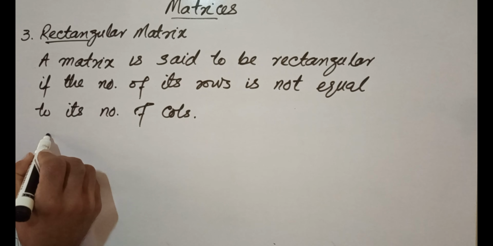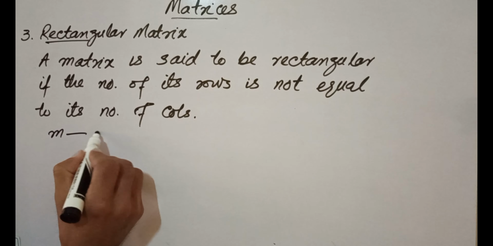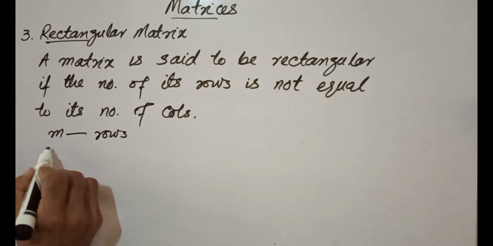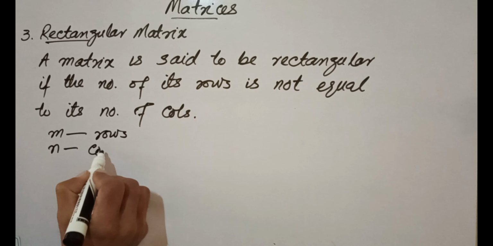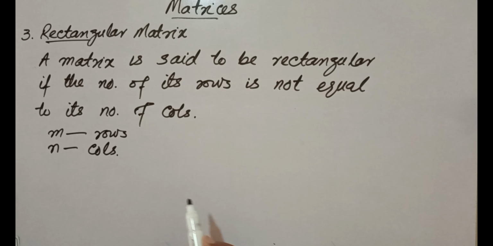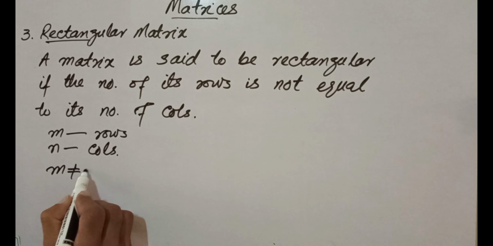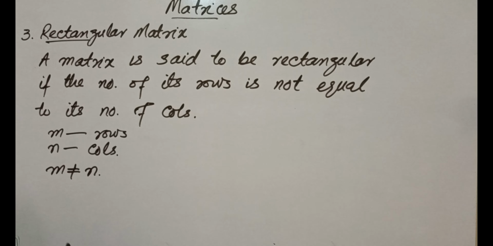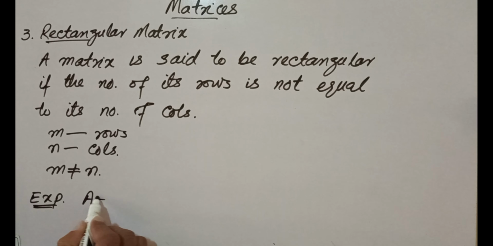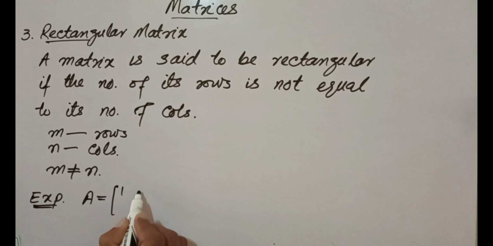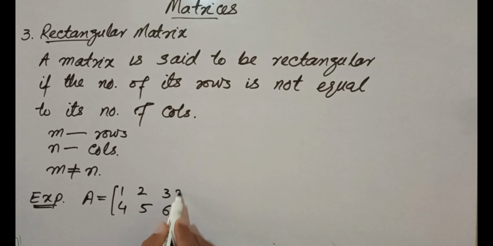Then we say that the matrix is rectangular. Since we are denoting rows by m and columns by n, if we have m rows and n columns, then the matrix is rectangular if m is not equal to n. For example, A is equal to 1, 2, 3, 4, 5, 6.